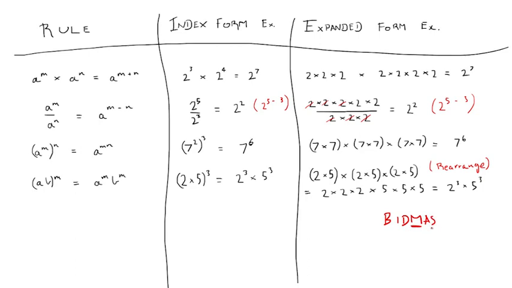So I get rid of the brackets, and if they're all being multiplied, I can rearrange them however I like. So I've rearranged them here: 2 times 2 times 2, because it's 3 2s, and 5 times 5 times 5. And that is 2 to the power of 3 times 5 to the power of 3.